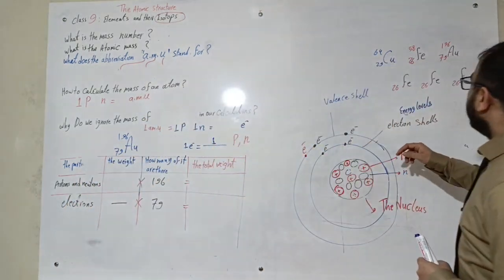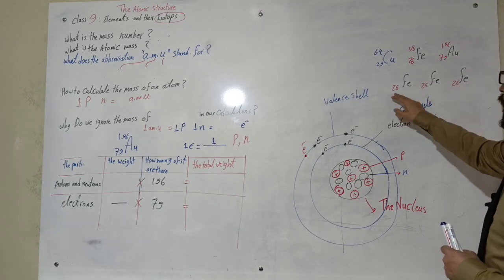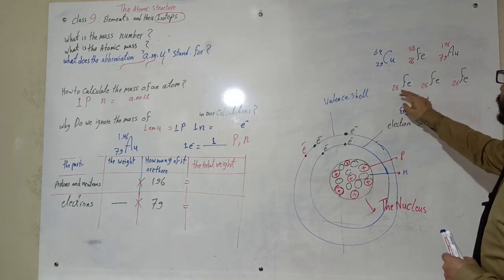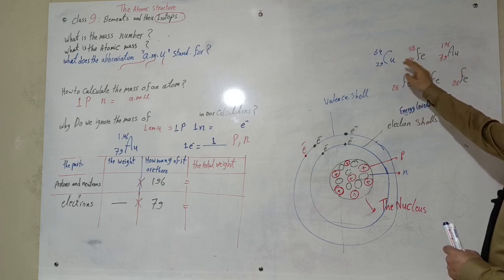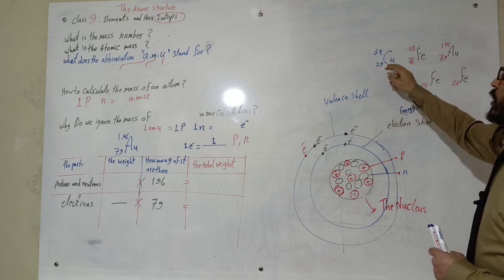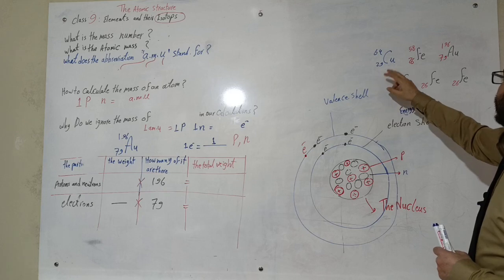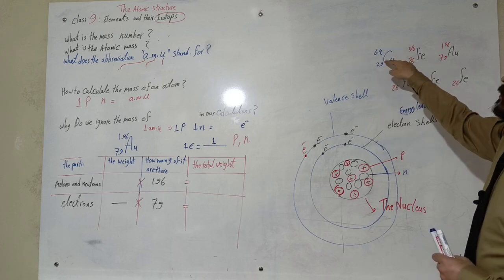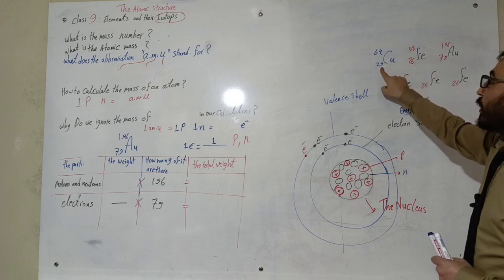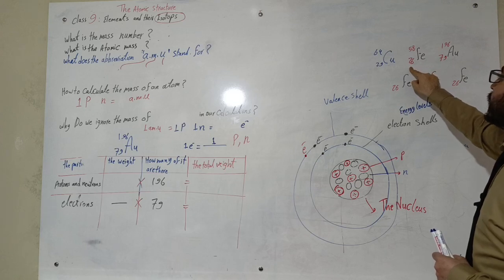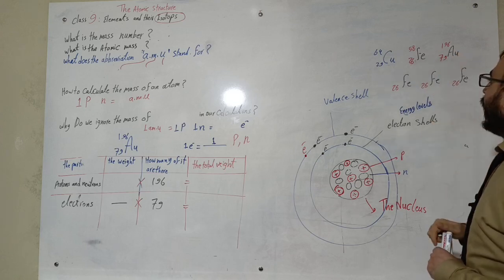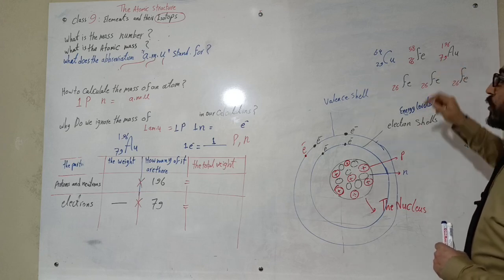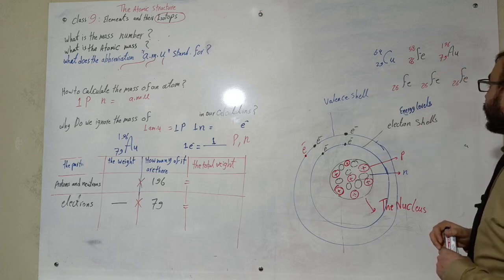Every atom of an element shares the same number of protons, which is different from the number of protons shared by the atoms of another element. For example, every copper atom in the world has 29 protons, every iron atom has 26, and every gold atom has 79 protons inside its nuclei.